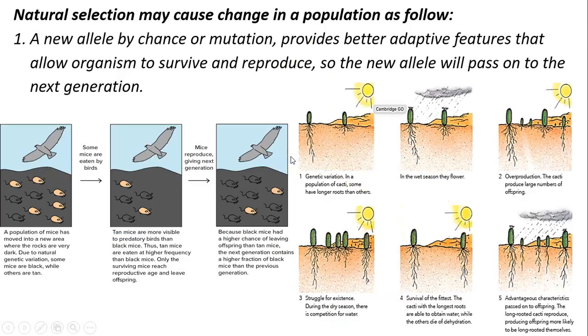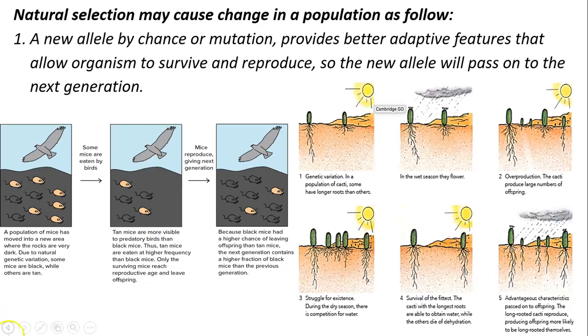Okay, so natural selection may cause a change in the population. What does this mean? So if, for example, here you have a variation of mice, some mice with light colored fur while other mice with dark colored fur. What makes an adaptive feature better than the other? This depends on the environment.